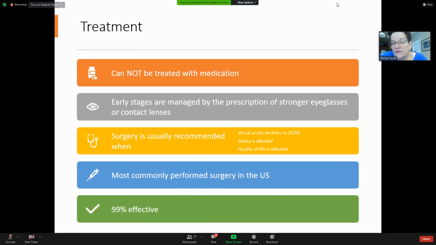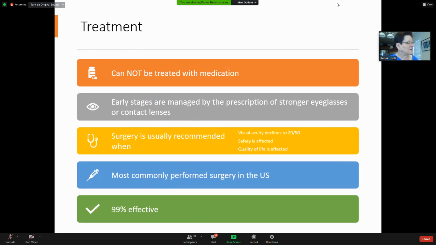And those are the three conditions where either Medicare or insurance will pay for this cataract surgery. Cataract removal is the most commonly performed surgery in the United States. 99% of them are effective in improving vision.